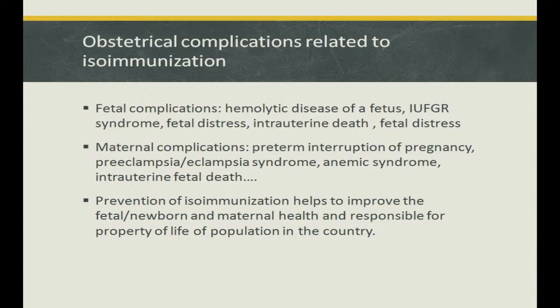As for maternal complications, not only preterm interruption of pregnancy, but it is known already statistically that preeclampsia syndrome incidence is significantly higher in categories of patients who are suffering from isoimmunization during the pregnancy, and not only higher in absolute percentage, but the presence of severe forms of preeclampsia syndrome in such category of patients is significantly higher than in other groups of patients who may suffer from preeclampsia syndrome.